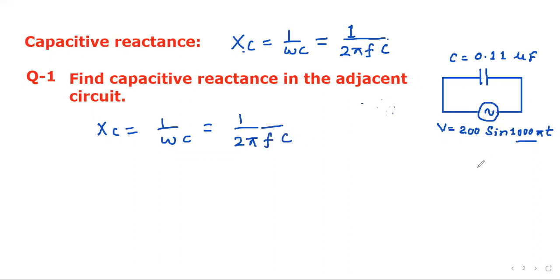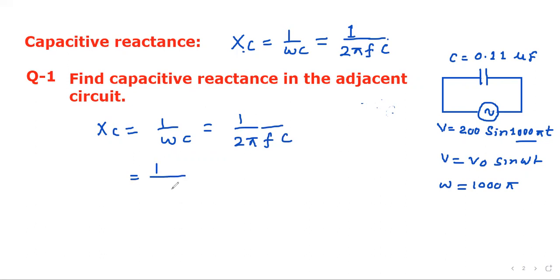But if we compare with the equation V equal to V0 sine omega t, we get omega as 1000 pi. So we don't need to write 2 pi f. Instead, omega C will serve the purpose.